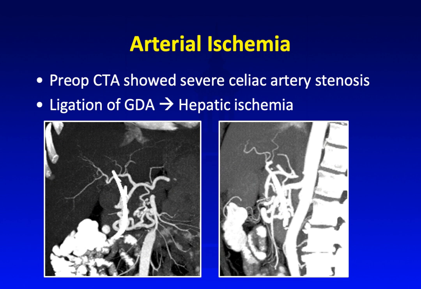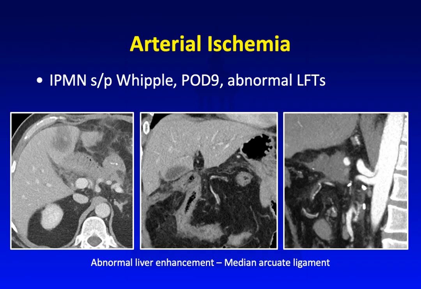In this particular patient, because of the critical celiac artery stenosis, he or she is really dependent on this GDA to supply the hepatic artery. So once you have taken that down, the patient is susceptible to liver ischemia.